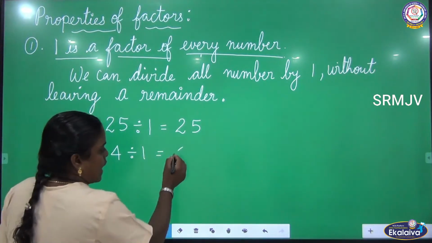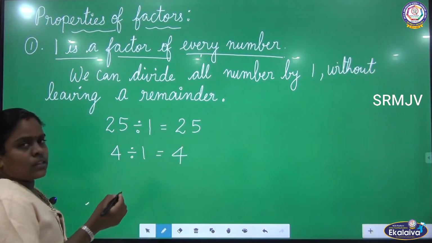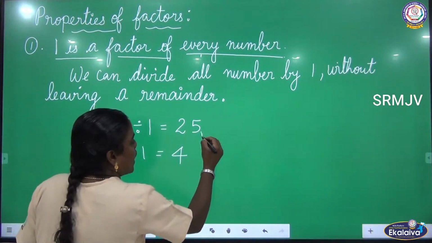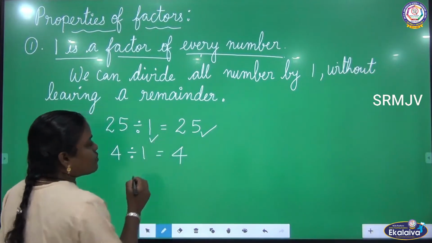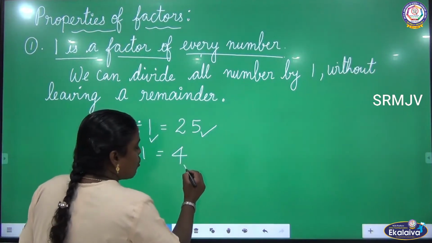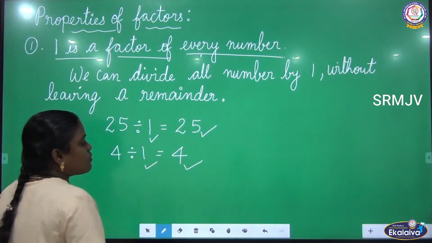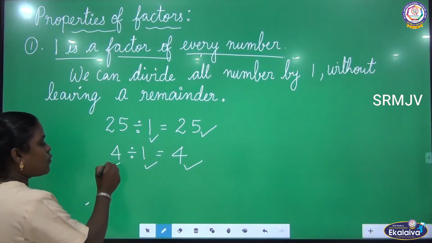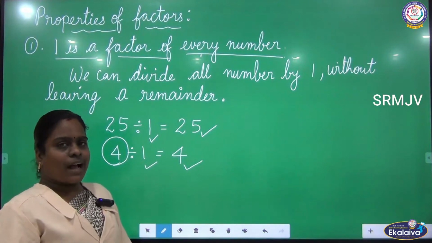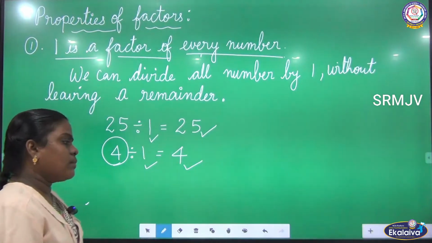You will get the answer 4 and there is no remainder. So here 25 and 1 are the factors of 25. And here 4 and 1 are the factors of the number 4. So the first property is 1 is a factor of every number.